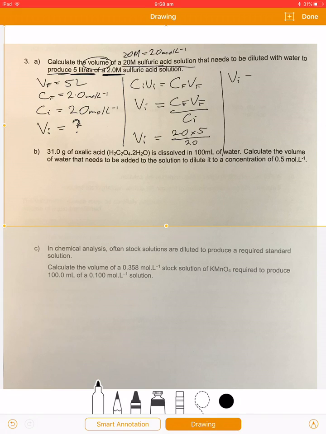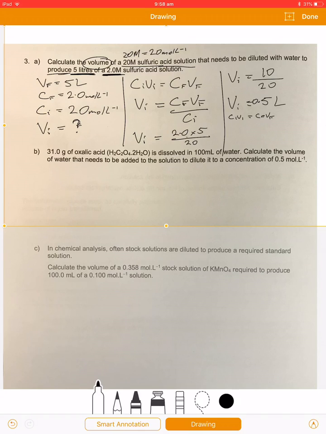So 2 times 5 is 10, divided by 20. Initial volume equals 0.5, so 10 over 20 is a half, so 0.5 litres. And if we just want to double check that that's correct, we can just sub that back into our equation and set that they're equal.